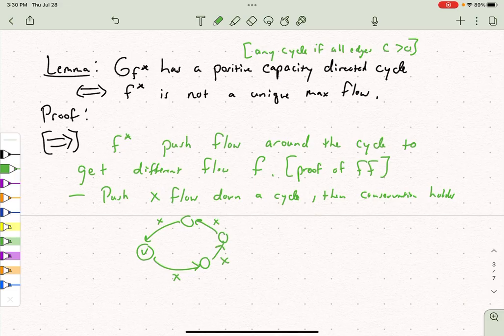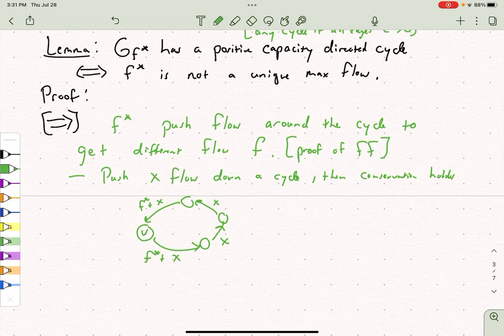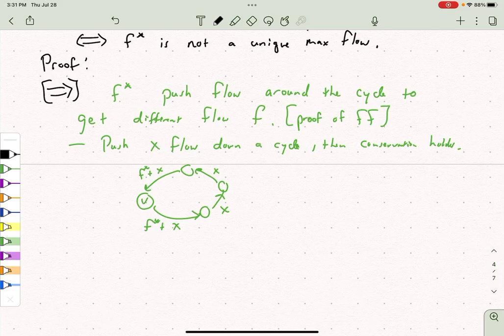So whatever it was before, this is like f star plus x or f star minus x. Since f star was feasible, the total conservation at v was 0. And when we add x to both edges, we've added an increase of x and a decrease of x, so we get a net difference of x minus x, which is 0. So overall, we can push flow down a single cycle, and it'll still be a flow. Conservation still holds. That's the idea, but you can get more details in the proof of Ford-Fulkerson.